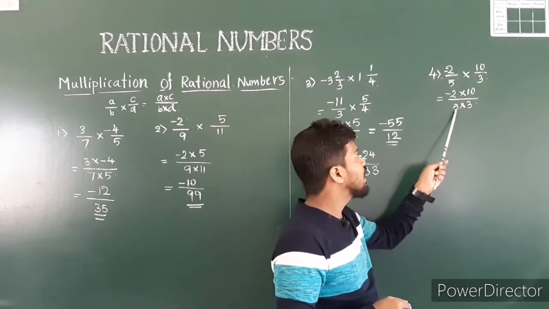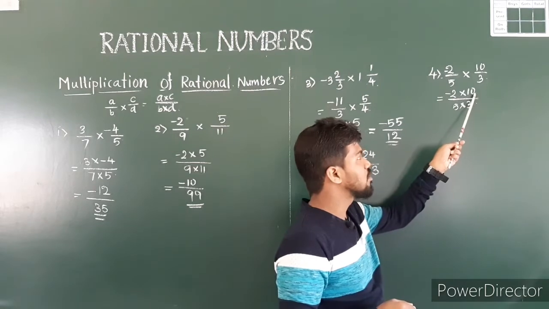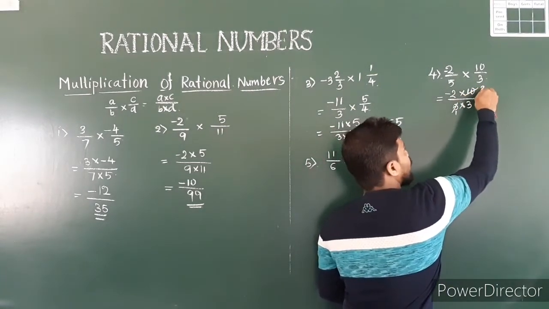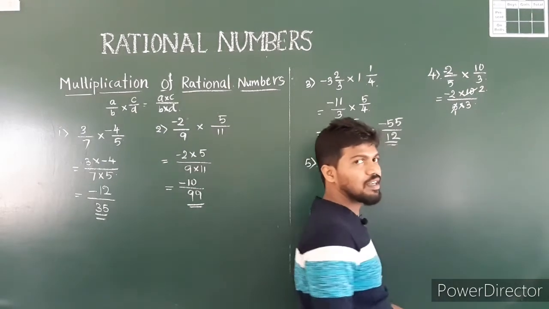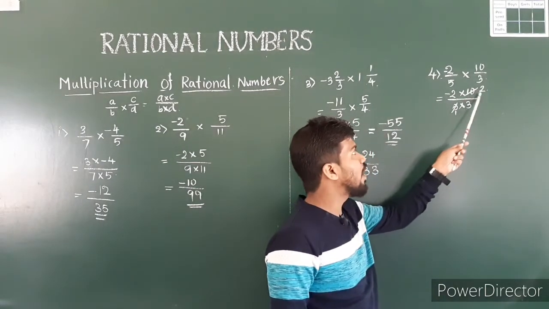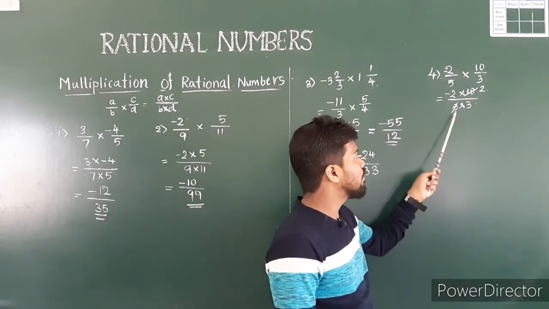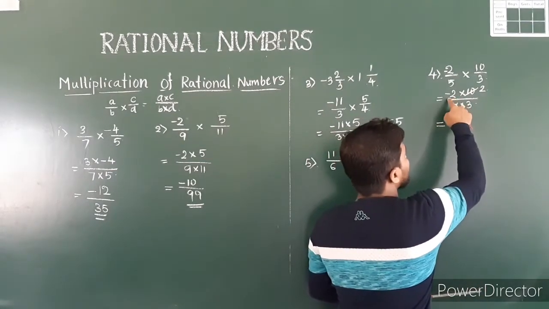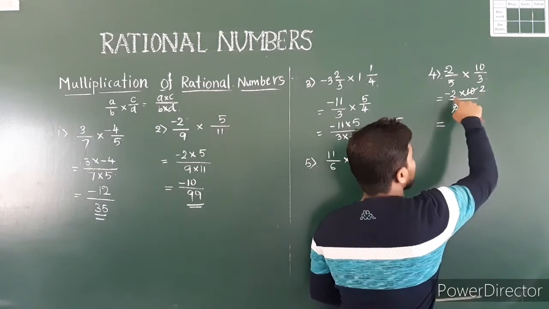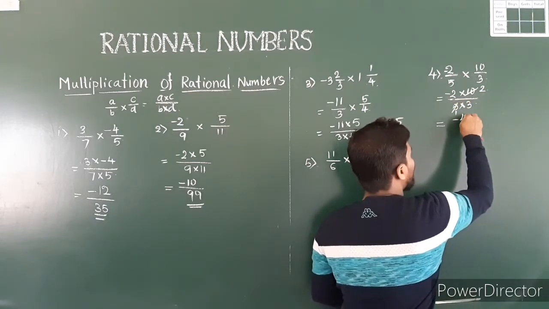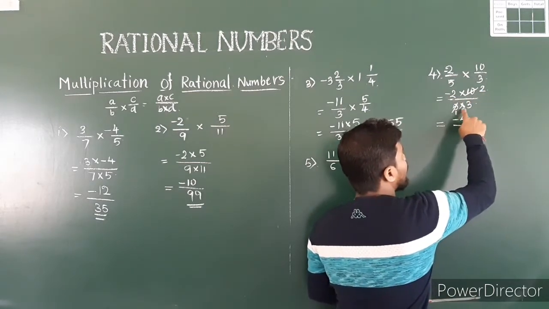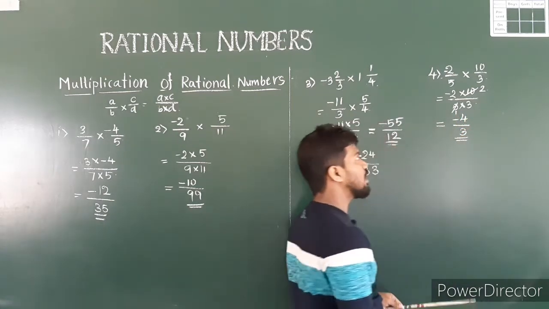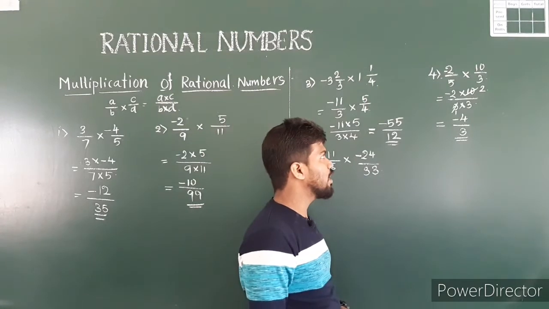So you have the table 5 exists here. 5 1s are 5, 2s are 10. You cut like this. The answer you got: minus 2 into 2, you get minus 4, and 1 into 3, you get minus 4 by 3. The answer you got is minus 4 by 3.